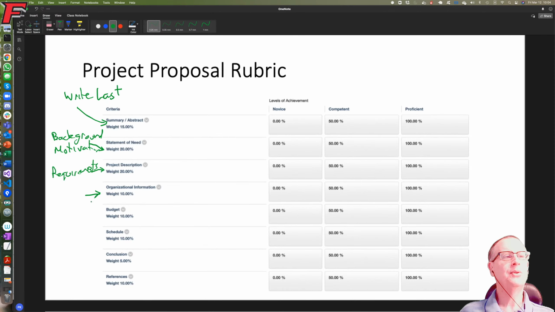And the usual sorts of roles are team lead, software lead, hardware lead, archivist, submitter. The submitter is the person who is on the hook for making sure that the team submits the deliverables that I'm looking for. Right, so it's best to have just one person on the team responsible for that.